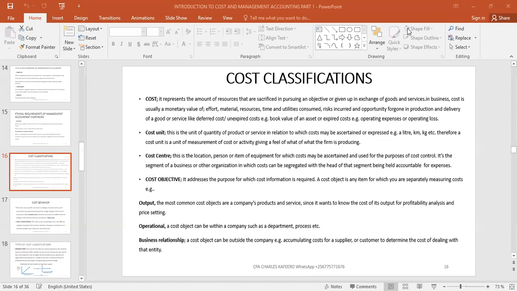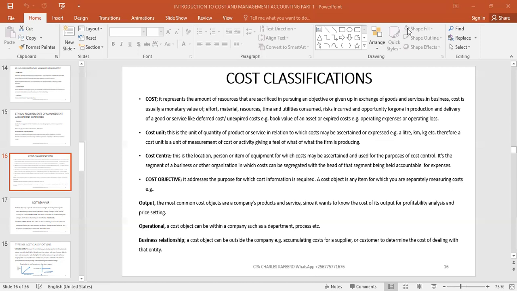You can also define it as a segment of a business. A segment can be a process or a department, or any other part of the organization in which costs can be segregated, with the head of that segment being held accountable for the expenses.